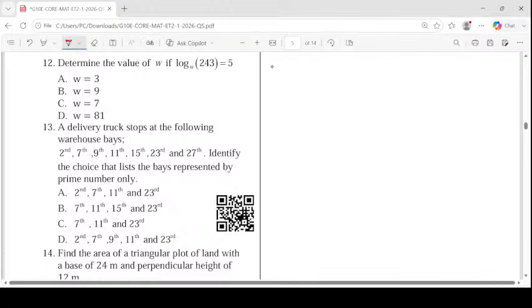So we have log W raised to power 243 is equivalent to 5. Then you are being asked to get the value of W.